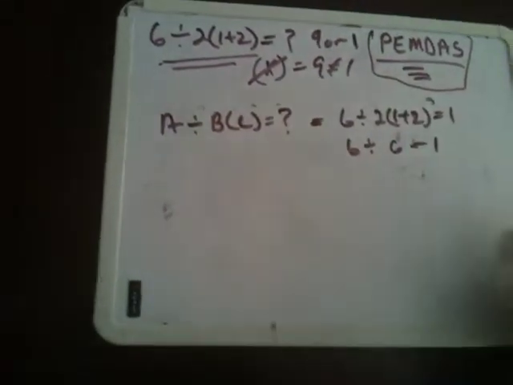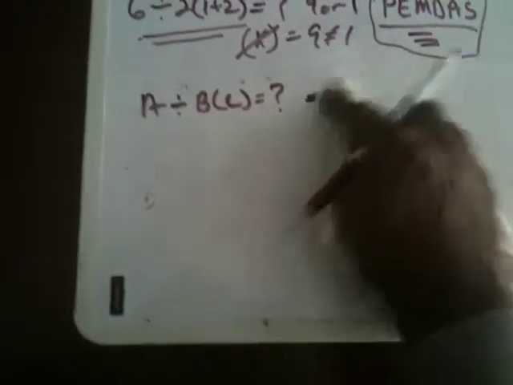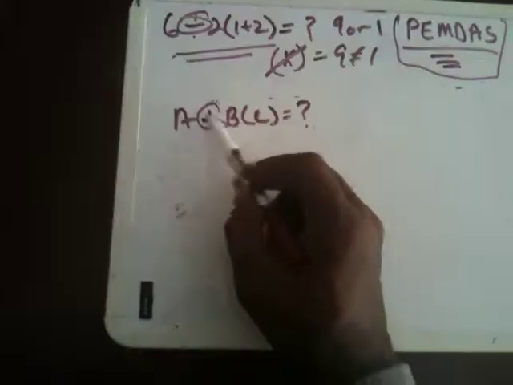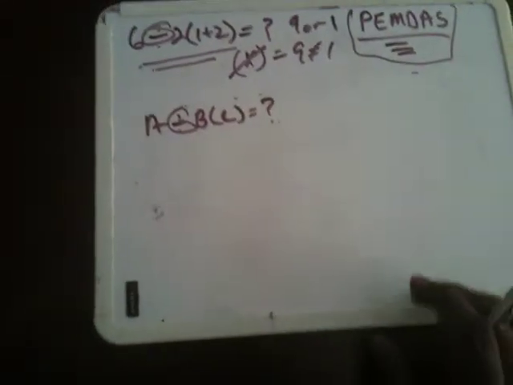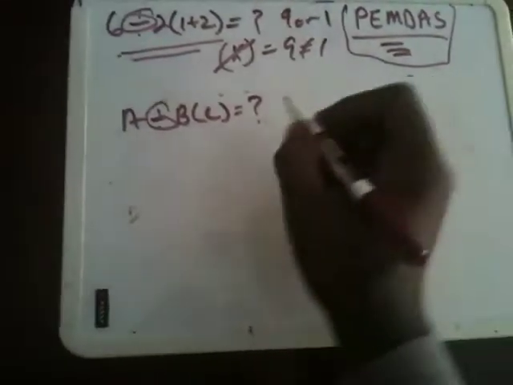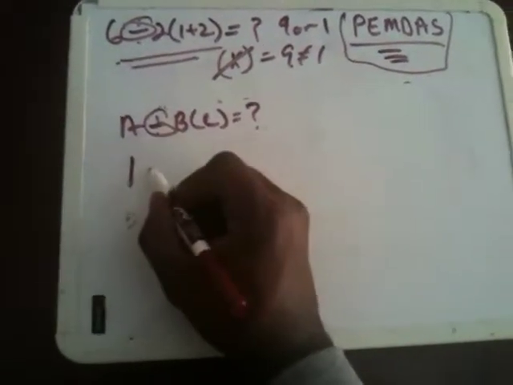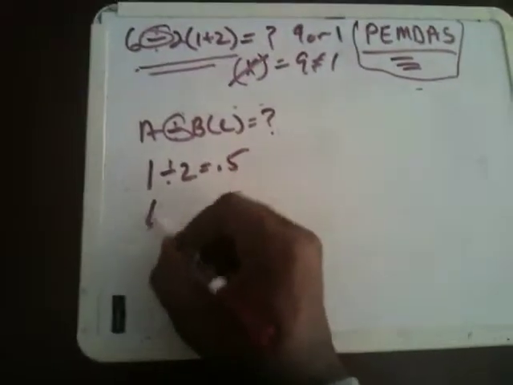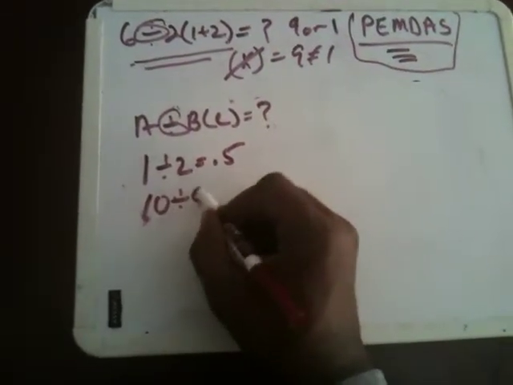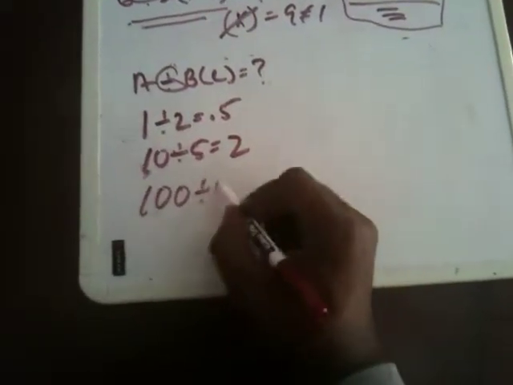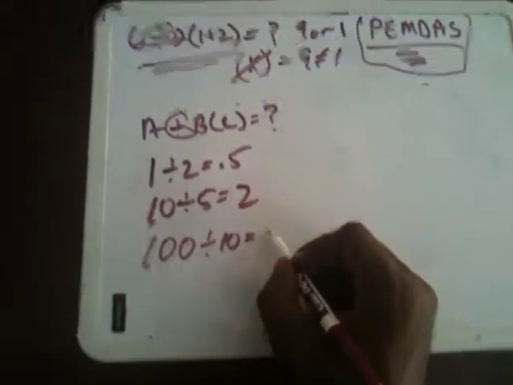Think about basic things that we see in life every day. Don't even think about this equation. Think about what this divide sign means. This divide sign is very, very important. What is it doing? The divide sign is the same as saying 1 divided by 2 is equal to what? 0.5. 10 divided by 5 is equal to what? 2. 100 divided by 10 is equal to what? 10.